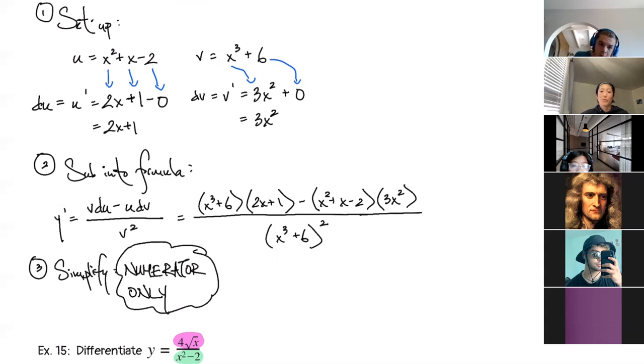Okay, so we're going to simplify now. We're going to simplify the numerator only, okay? I'm going to keep that denominator as x cubed plus 6 squared. And I'm going to ask that you do the same for your assignments, okay?